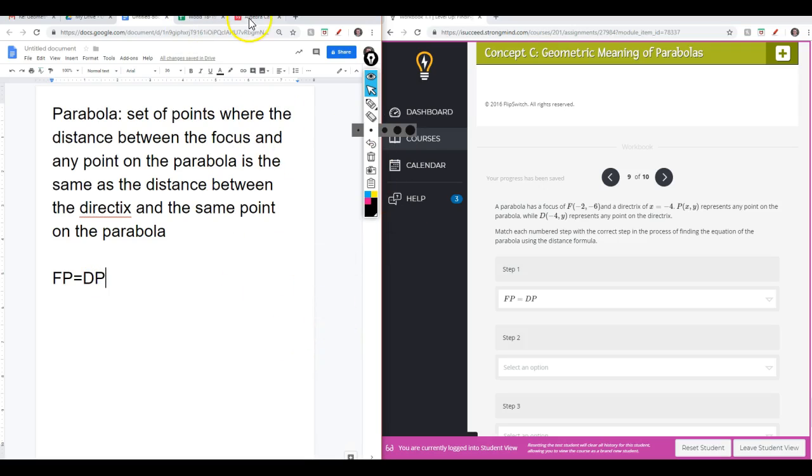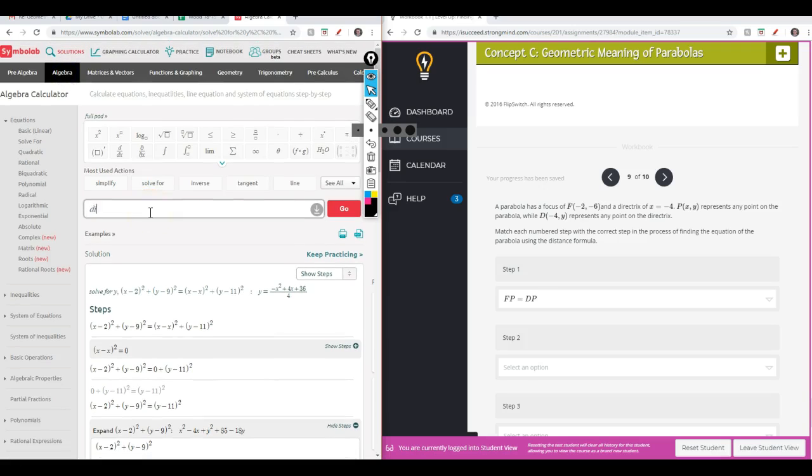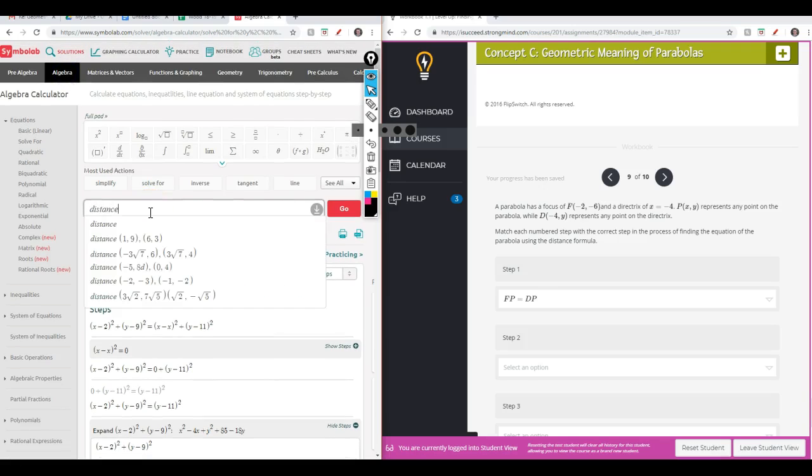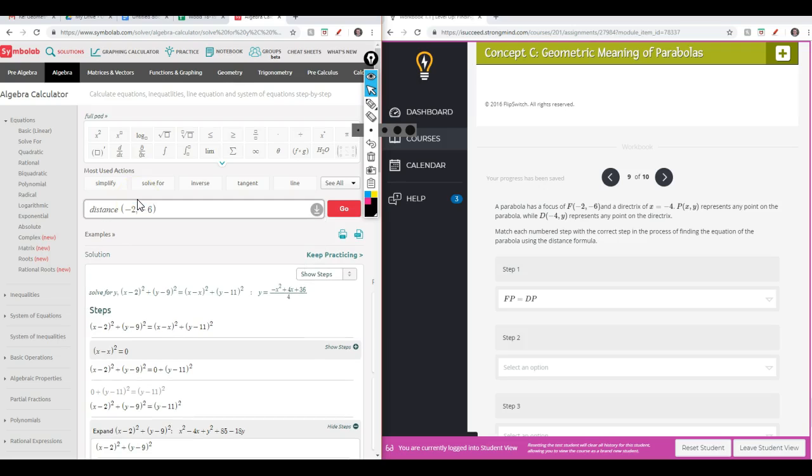So again, I'm going to use this symbol lab, and I'm going to type in distance, and we're going to first find the distance of F to P. The coordinates for F are -2, -6, and the coordinates for P were listed as x, y.